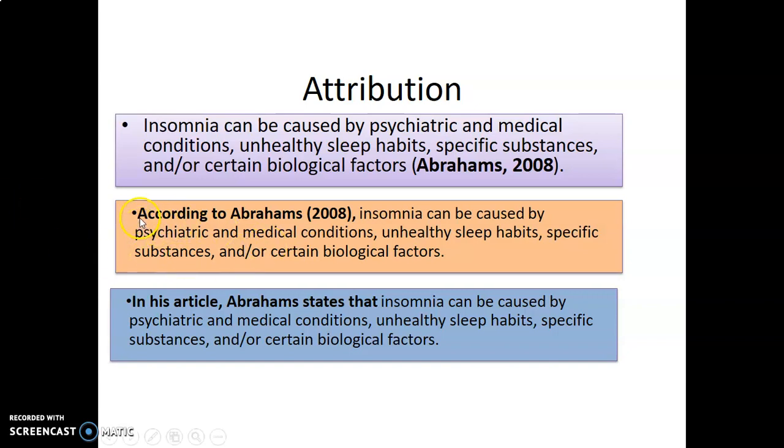You can say something like, according to Abrahams, or according to some organization, or some website. And if you use according to, you need to use a comma after that. According to blah, blah, blah, comma. Then you continue the sentence, and you remember, of course, to paraphrase. Or in his article, comma, Abraham states that, and then, of course, you need to have a subject and the verb, paraphrased.